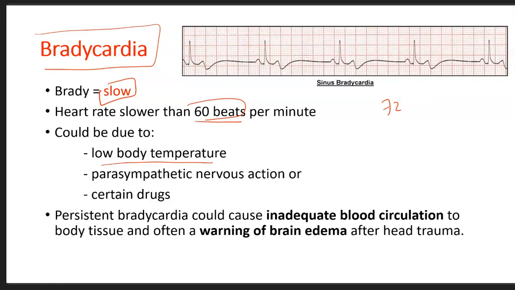So persistent bradycardia could cause inadequate blood circulation to body tissue and often a warning of brain edema or head trauma. So you don't want your heartbeat to consistently beat at really slow rate. Okay, so that is not good lah. So it causes less blood circulation.